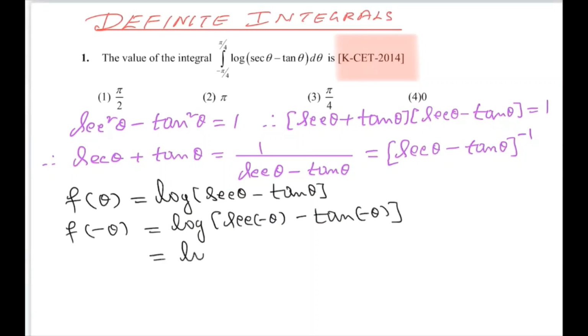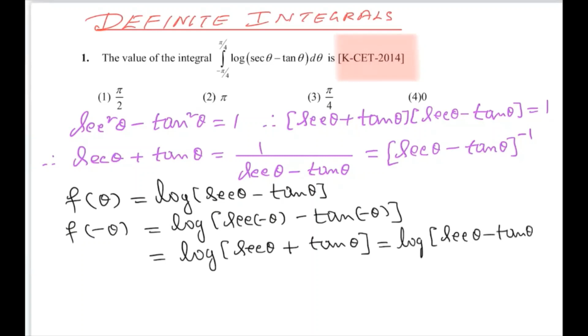We know that secant of minus theta is secant theta itself, whereas tan of minus theta is minus tan theta. When the minus sign comes out, this becomes plus. This is same as log of secant theta minus tan theta whole power minus 1.